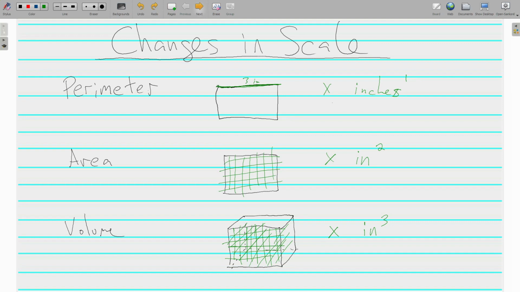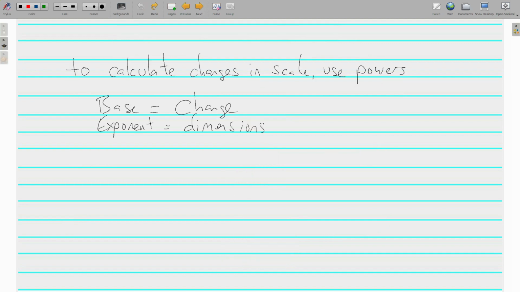Alright, here's what I'm talking about. The way that we are going to calculate our changes in scale is we're going to use powers, exponents. The base of our exponent, our big number, remember, the 4 is the base and the 3 is the exponent. Write that down here.